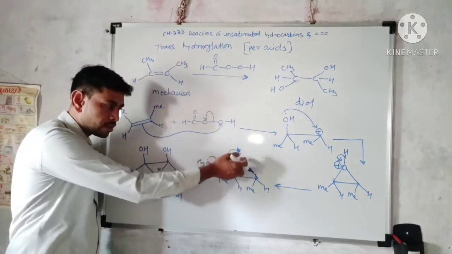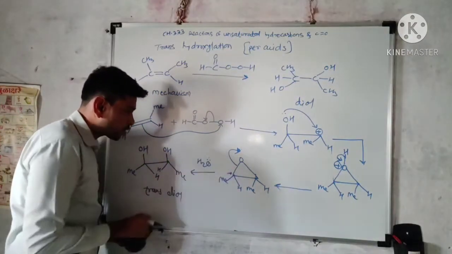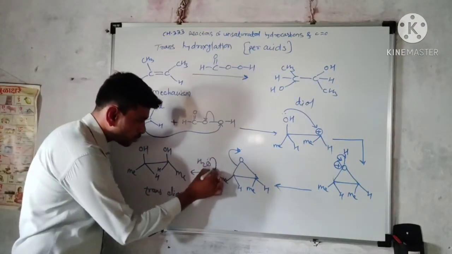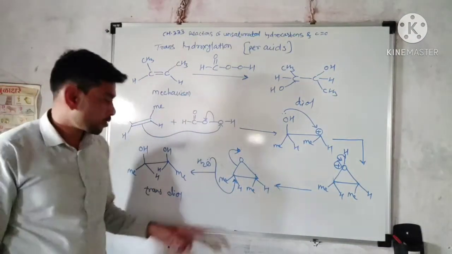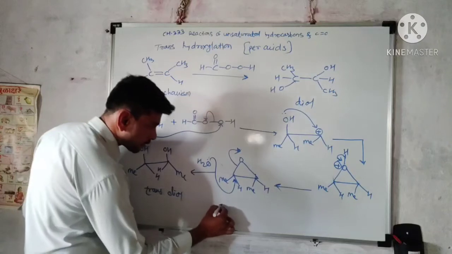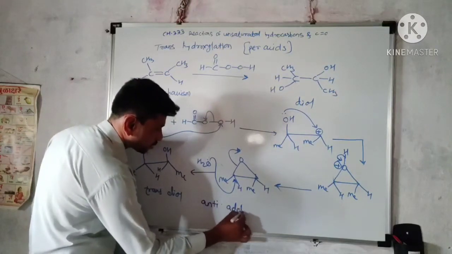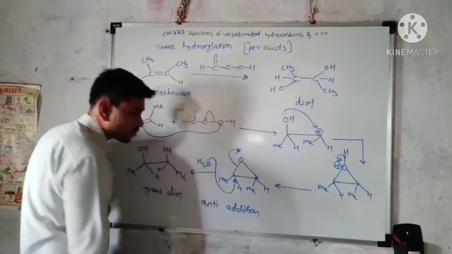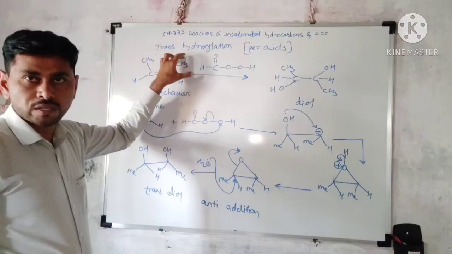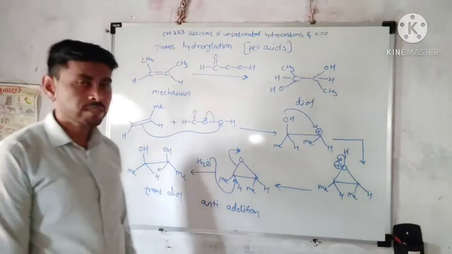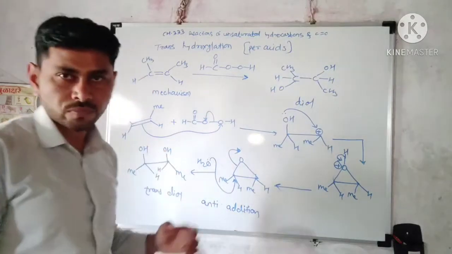Epoxide ring opens here, so this H2O attacks from the opposite side. So due to opposite side attack, you will get the trans product, and this addition is called anti-addition. That's why we obtain here trans hydroxylation, and this is possible by using per acids.